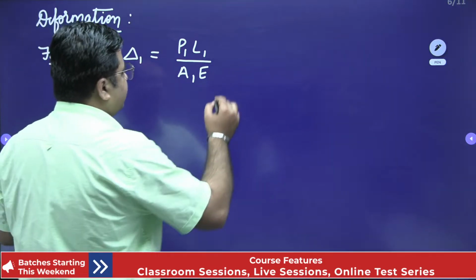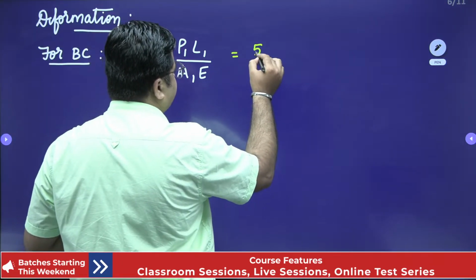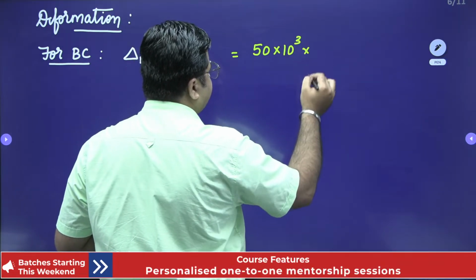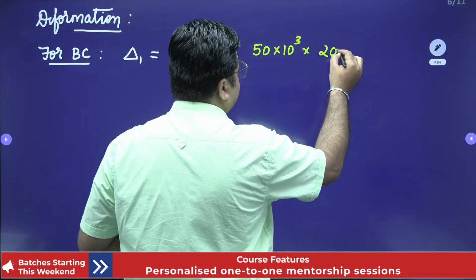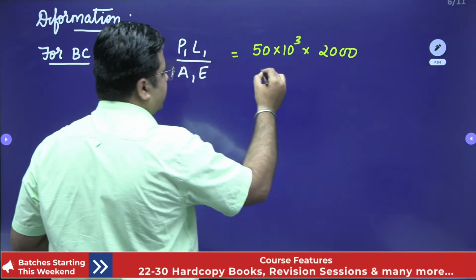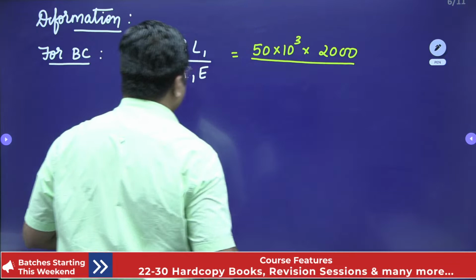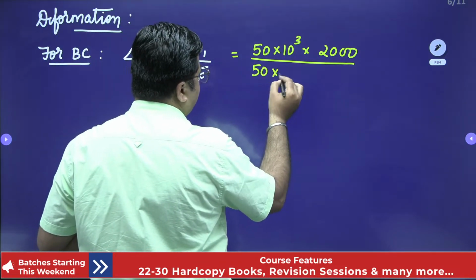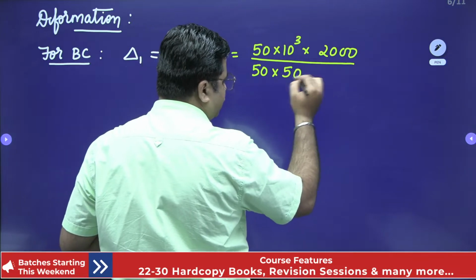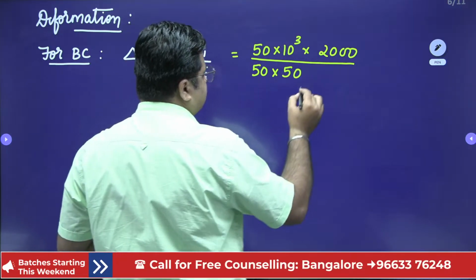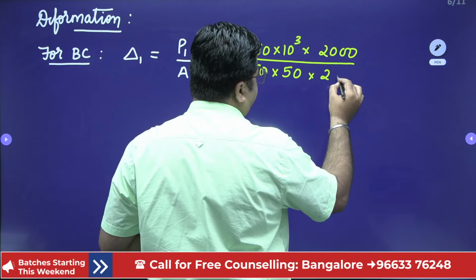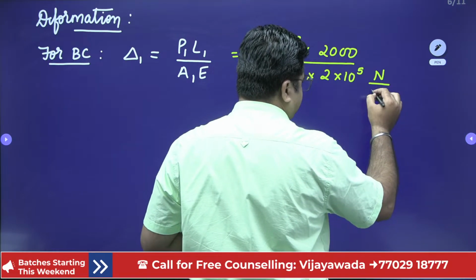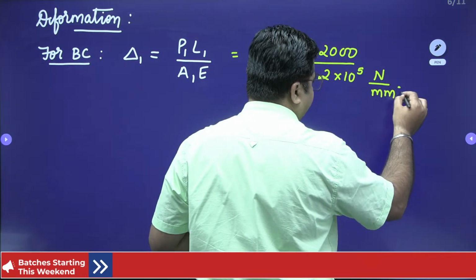P1 is 50 kilonewton, so this is 50 into 10 raised to power 3. Length is 2 meter, so 2000, converted into mm, divided by area, which is 50 cross 50 mm square, and this E is 2 into 10 raised to power 5. Again this is megapascal, which is nothing but Newton per mm square.